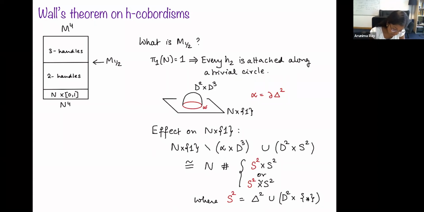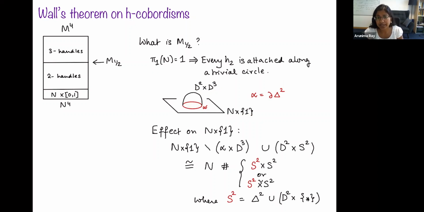So here's what this looks like. So here's N cross 1/2. That's where all the 2 handles are being attached. And then here's a 2 handle that's being attached. It's being attached along some curve alpha. And what I know is that alpha is the boundary of some embedded disk, delta 2. And so that delta 2 is the thing that shows up right there.